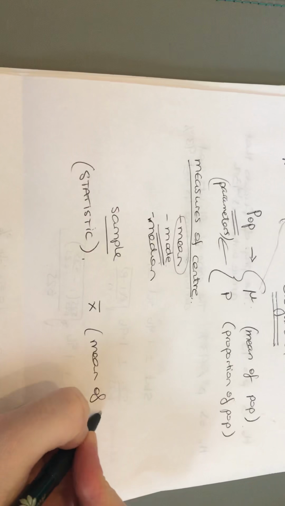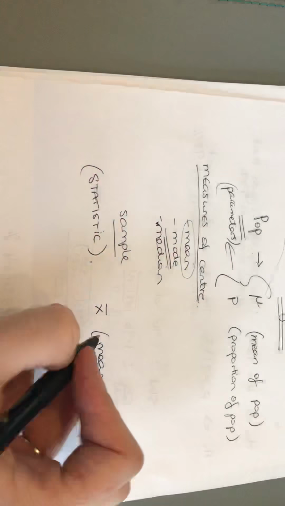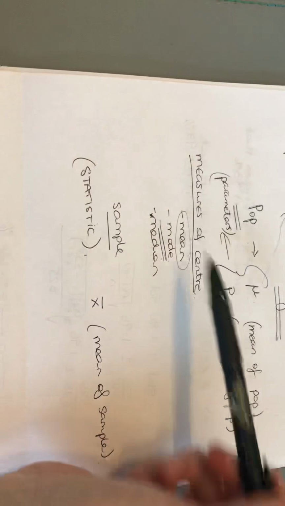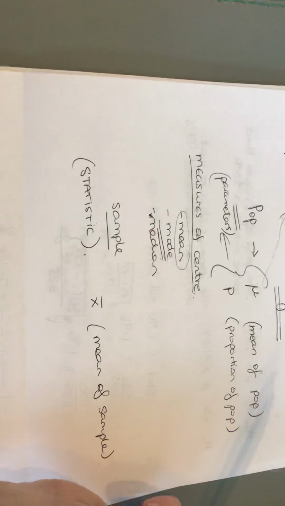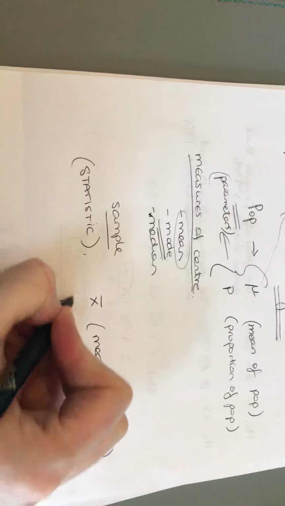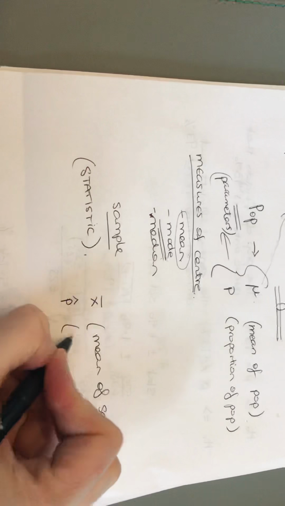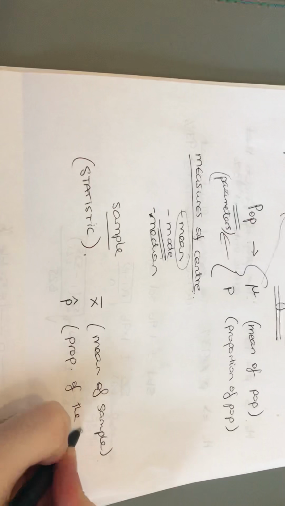We call it just X bar. And if you surveyed a sample of people and categorical data was generated through the survey, then we call it P hat. And that's the proportion of the sample.